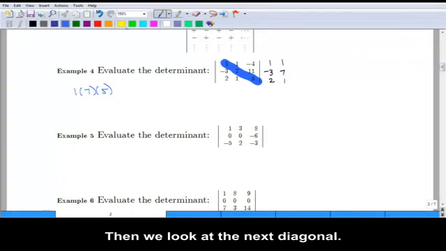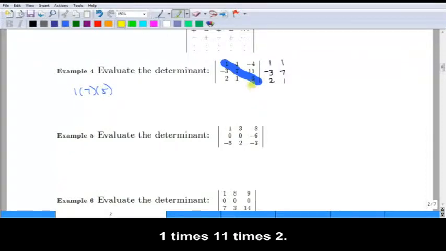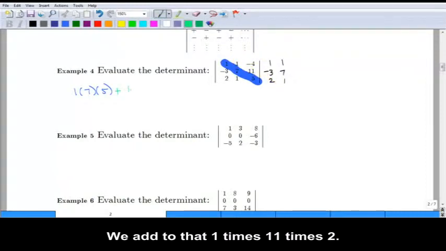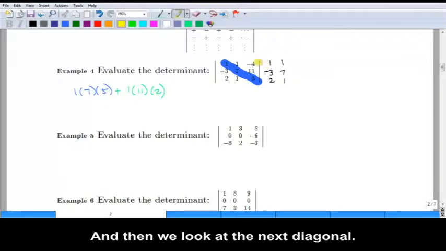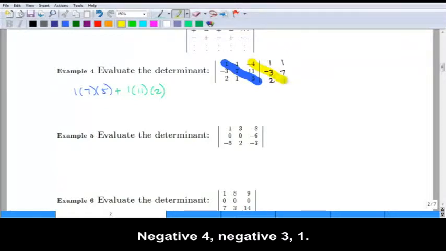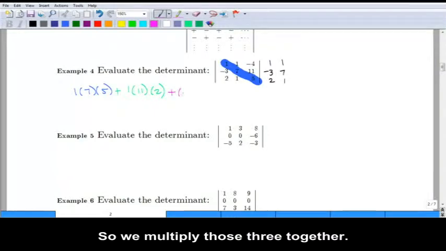Then we look at the next diagonal, 1 times 11 times 2. And we write that down. We add to that 1 times 11 times 2. And then we look at the next diagonal, -4, -3, 1. So we multiply those three together.